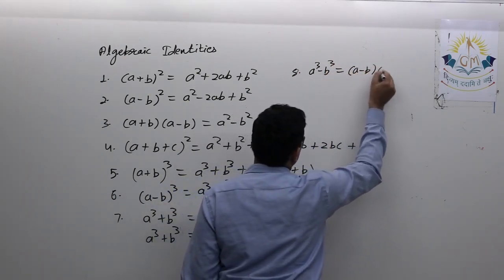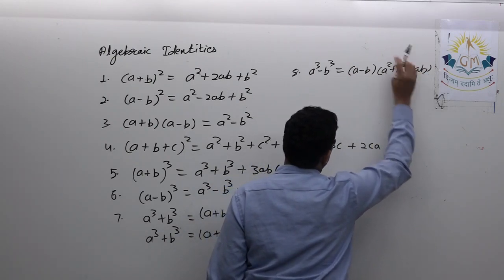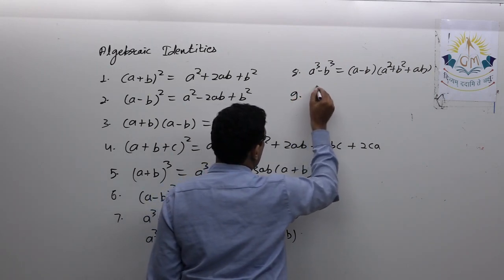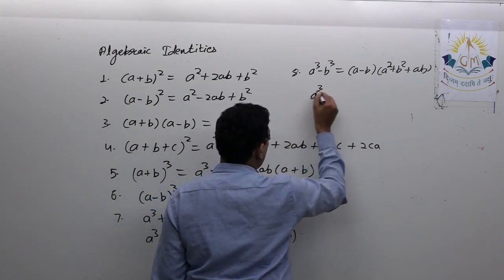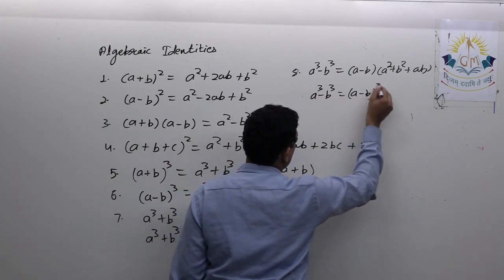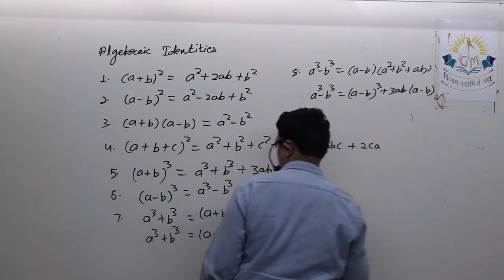Then next, eighth identity I am writing over here, a cube minus b cube, that is a minus b, then a square plus b square plus ab. Then there is one more identity of a cube minus b cube, that is a minus b whole cube plus 3ab into a minus b.